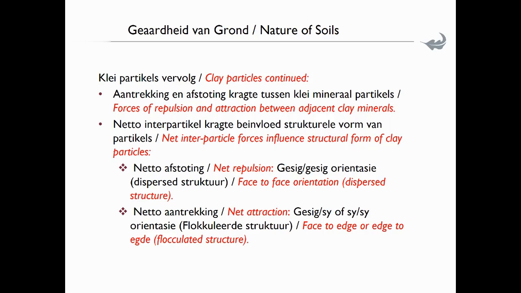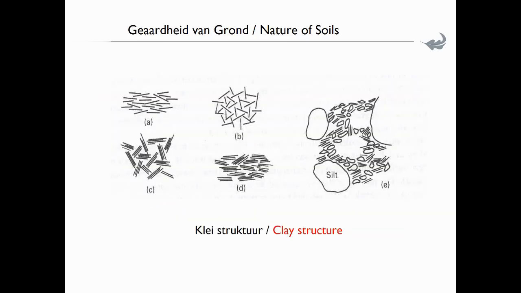If you, however, have net attraction, then you have either face-to-edge or edge-to-edge attraction, and this is known as flocculation. So again, face-to-face or edge-to-edge or face-to-edge attraction. So this is typically the flocculated and dispersed structure that you get from clay minerals.